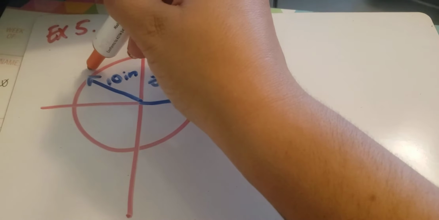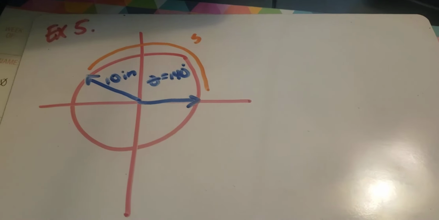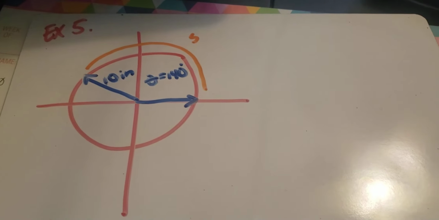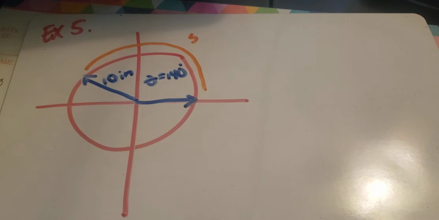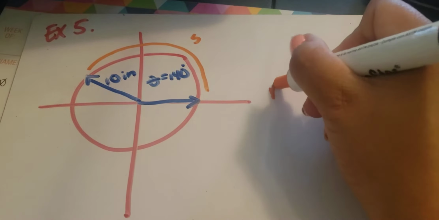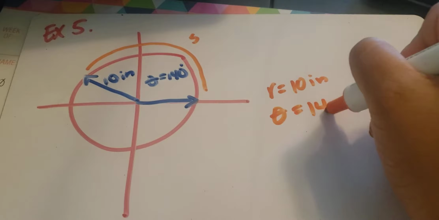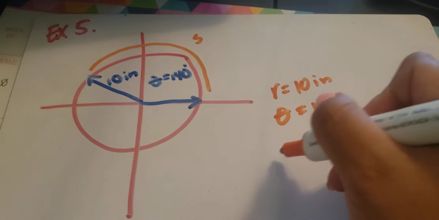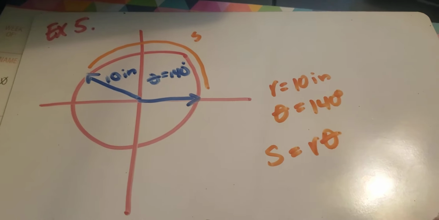So this right here is your S. That's the arc length, so that's what we're trying to figure out. Remember, 10 inches is our radius and our central angle is 140. So basically, I can write R is 10 inches, theta is 140 degrees, and our formula is arc length equals R times theta.